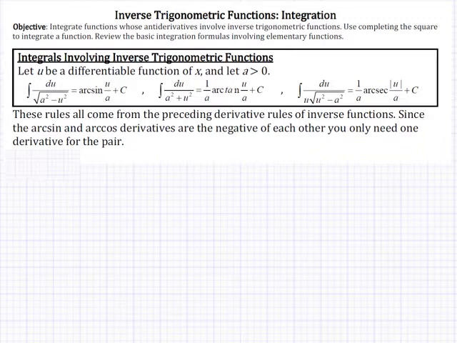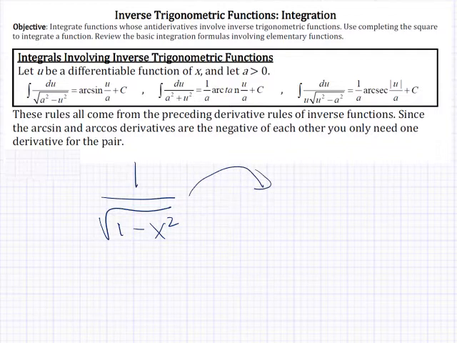what we realize is that we don't actually need to talk about all 6 inverse trigonometric functions. So if you think about it, 1 over the square root of 1 minus x squared is the derivative of arcsine. And so that could go back to the arcsine.